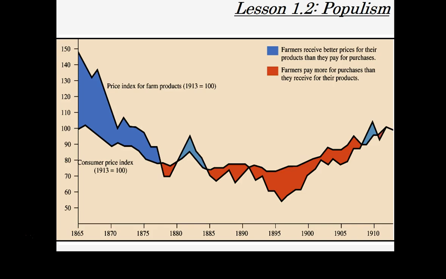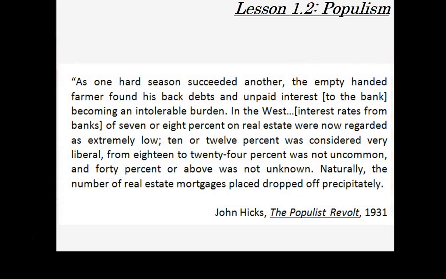As you can see, in about 1885, we see a pretty long span where farmers are paying out more money than they are receiving for the products that they're selling. This leads to the beginning of the push for the government regulation that we will see expand into the Progressive era, which is our next unit that we will look at.